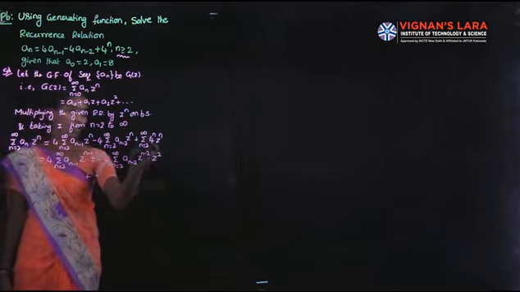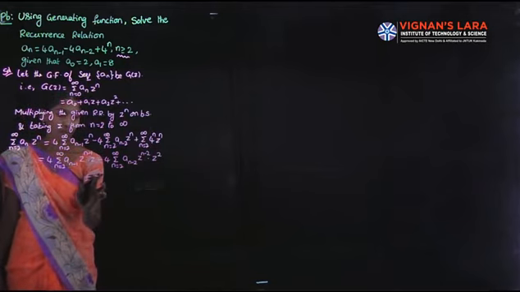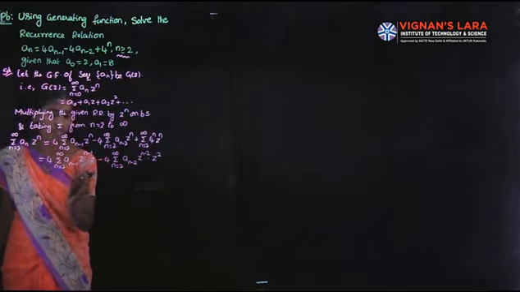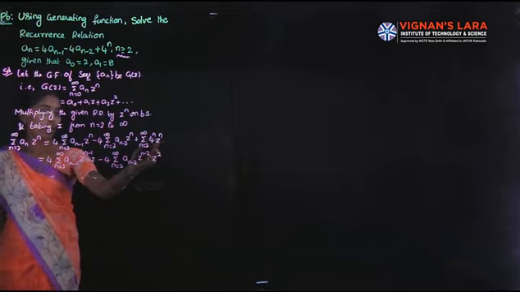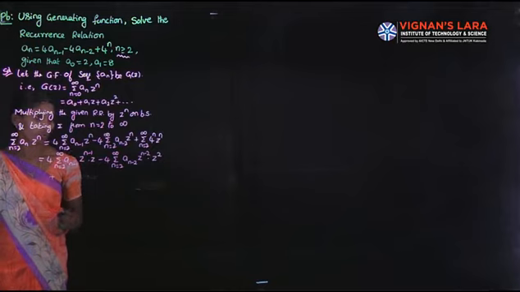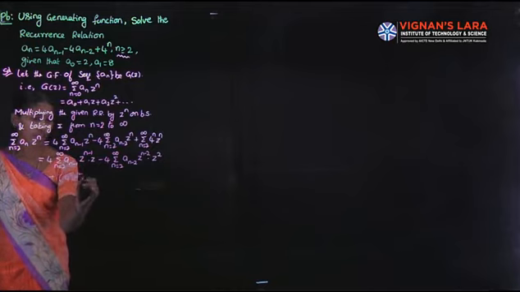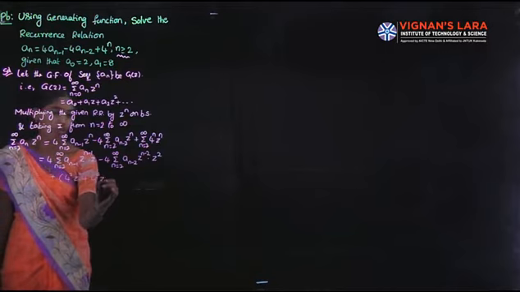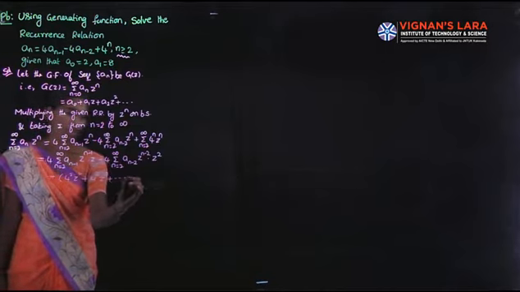But here there is no sequence term. For that purpose, first expand this one because no a_n value is there. Put n equal to 2. It becomes 4^2 z^2, 4^3 z^3 and so on.